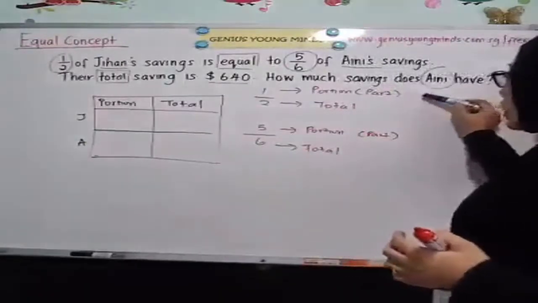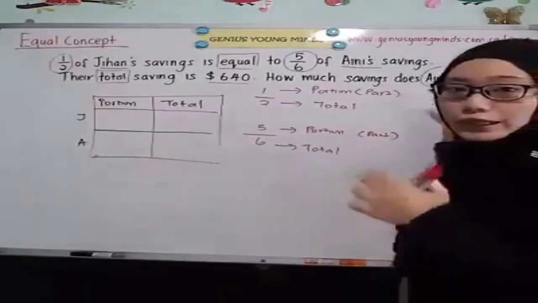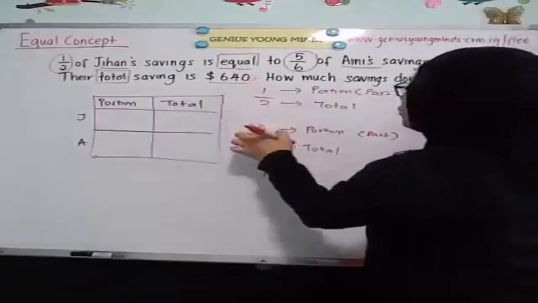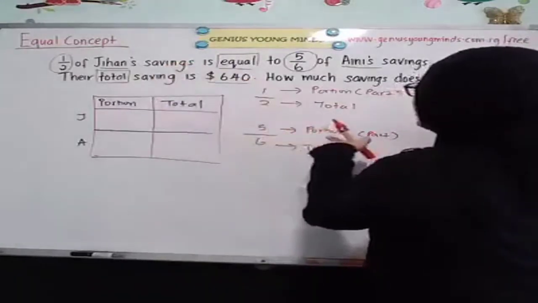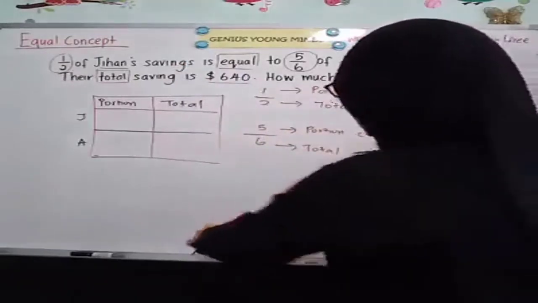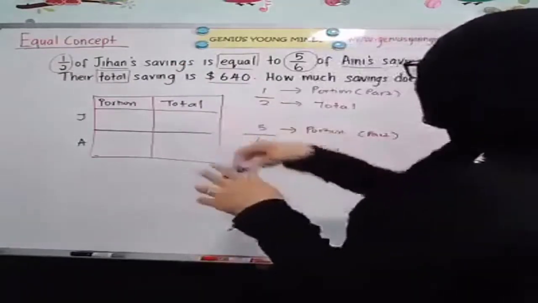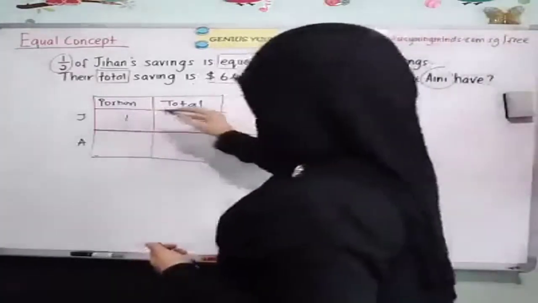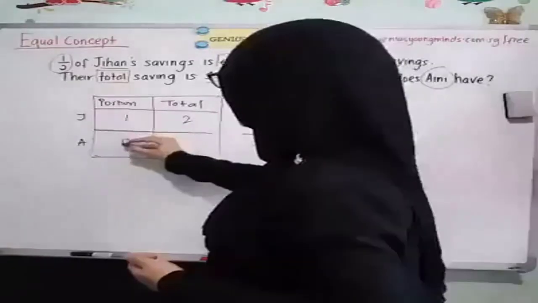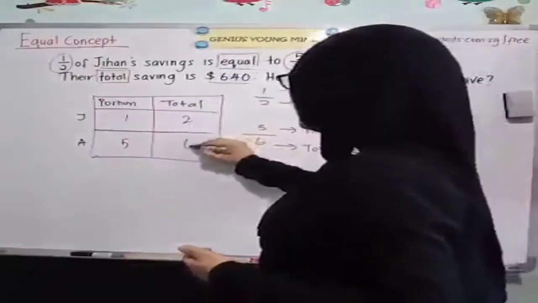Remember, portion is what is equal. In the question, the portion is equal, which means 1 of Jihan's saving is equal to 5 of Aini's saving. We fill up the boxes: for Jihan, 1 is here and 2 is here, and for Aini, 5 is here and the total 6 is here.